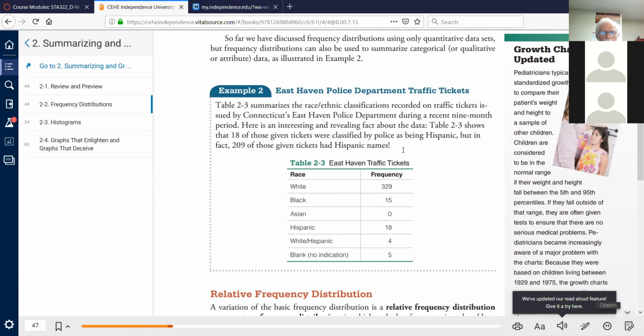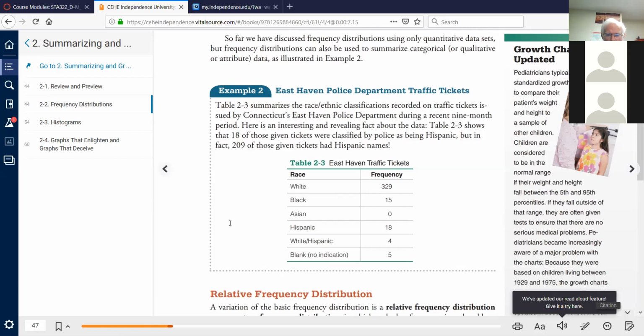Well, it might be useful when looking at bias in giving tickets, and it may be that they're looking at the person and making a judgment as to what their ethnicity is, rather than worrying about the name. Of course, if you have a Northern European Anglo person married to a Hispanic person, the name is going to be Hispanic.